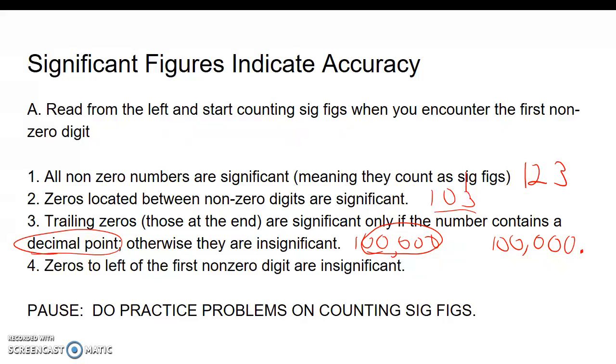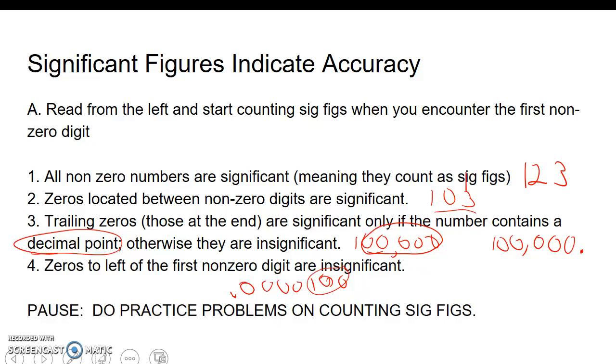And lastly, zeros to the left are never significant. So even if there's a decimal, if we have 0.0001, these zeros are not significant because they are to the left. The only way we can have zeros be significant is if they are to the right, after a decimal. This would have 3 sig figs.